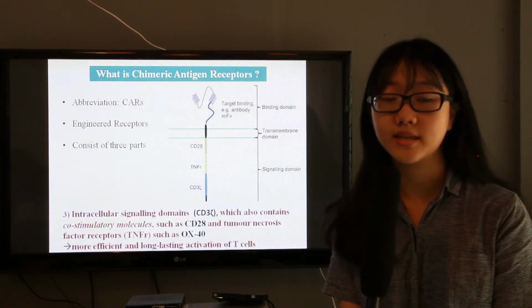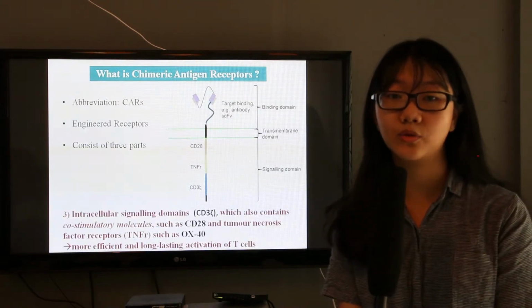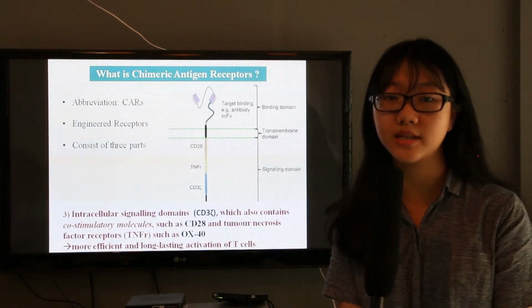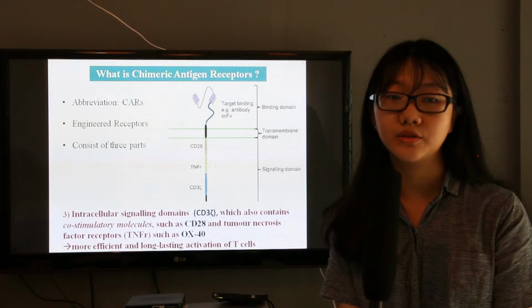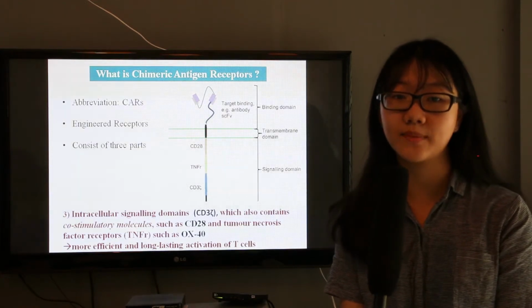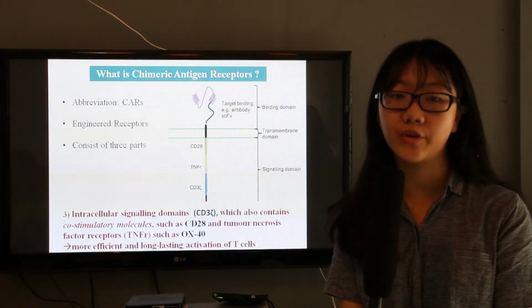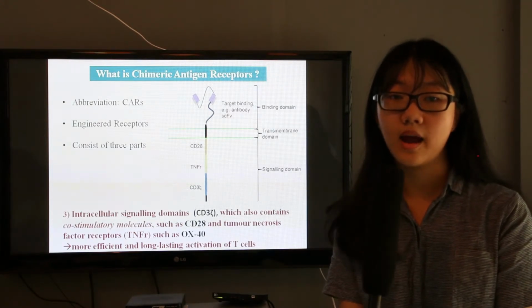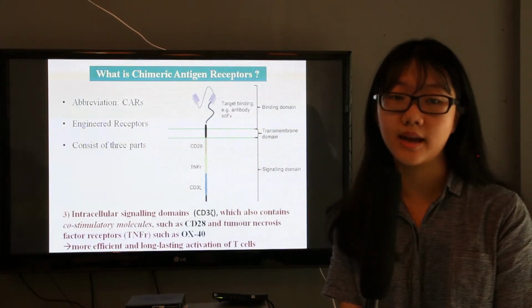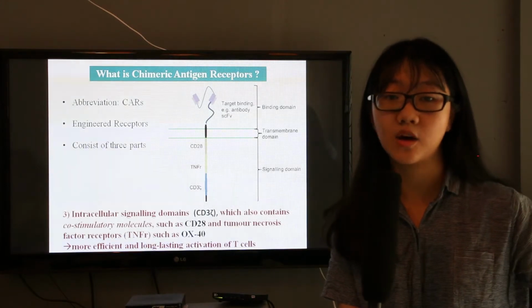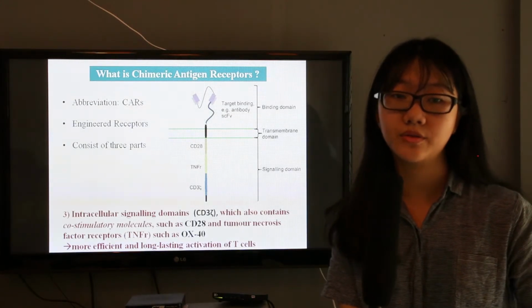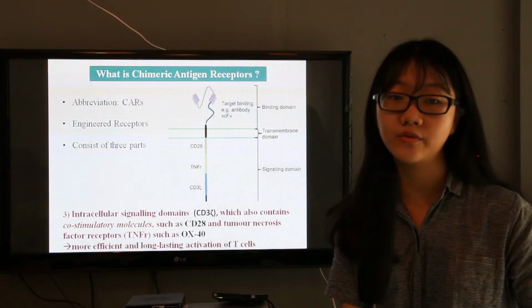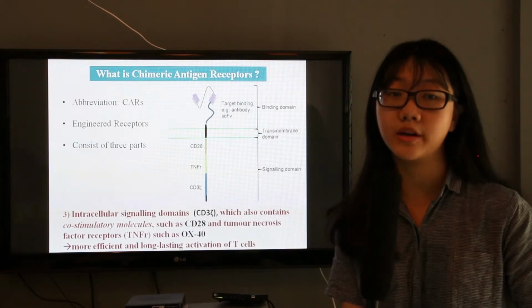is the intracellular signaling domain CD3 zeta, which contains co-stimulatory molecules such as CD28 and tumor necrosis factor receptors such as OX40 and CD40L. This enables a more efficient and long-lasting activation of T cells, but often tumors do not express the appropriate ligand for such co-stimulatory molecules.